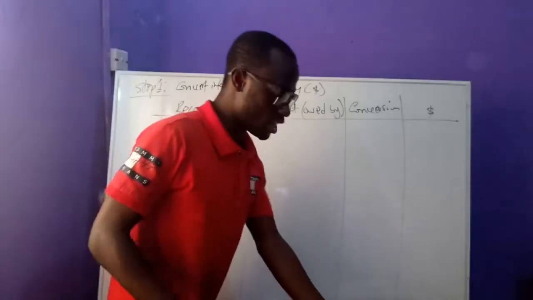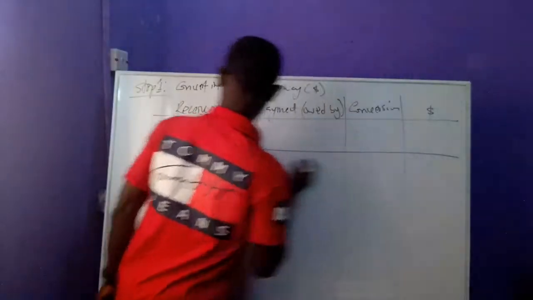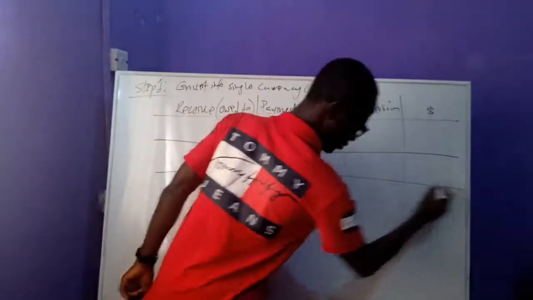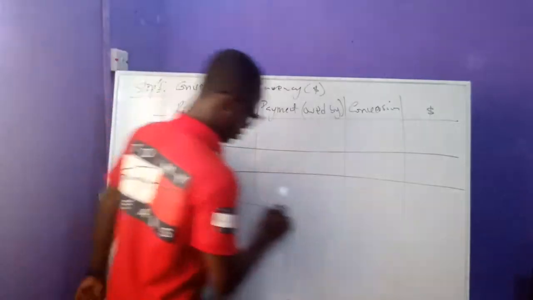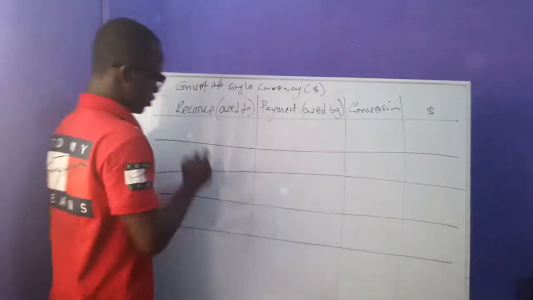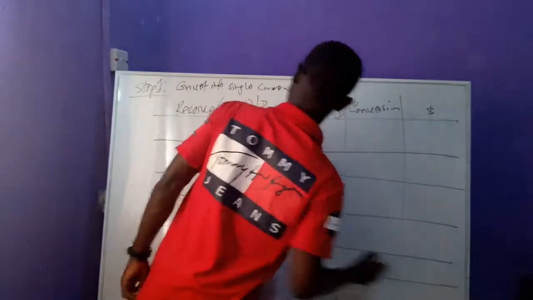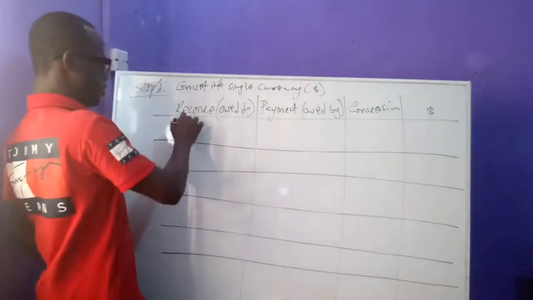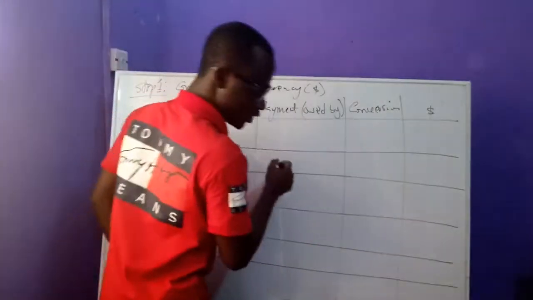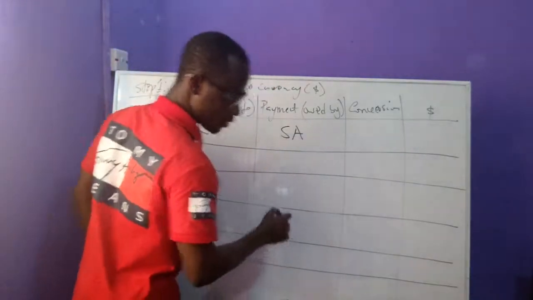Then we put the countries down. So let me sort of divide them like this. 1, 2, 3, 4, then 5. So the UK will receive some amount to be paid to the South Africa company.